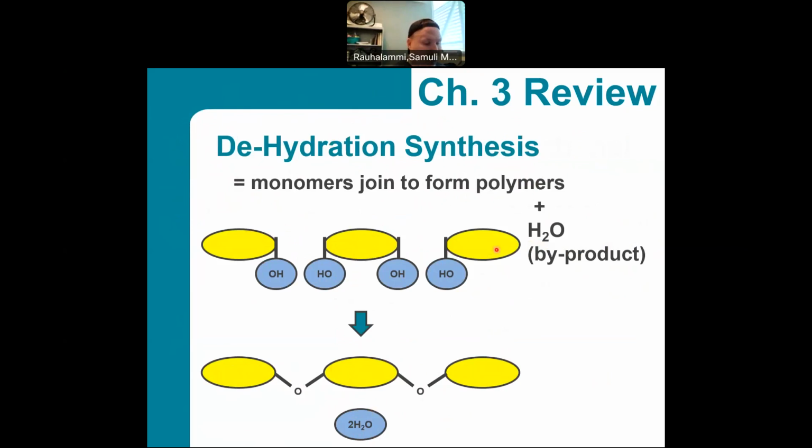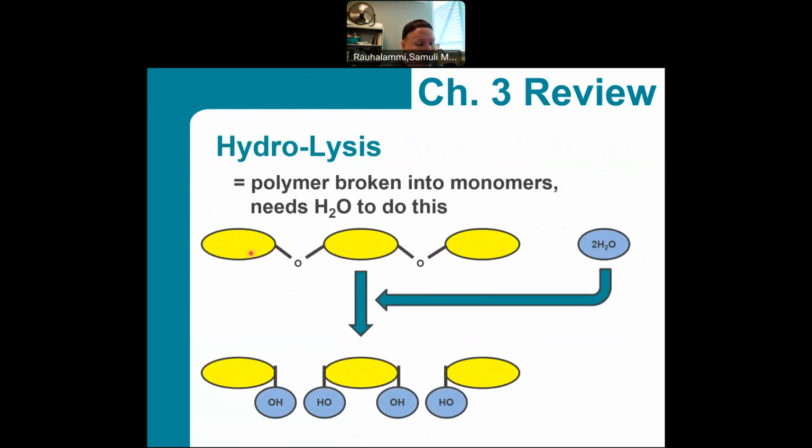Monomers, individual subunits, join together to form a polymer, and as a byproduct we're left with water. You saw we had our reactants and our product: the reactants were the monomers, and the products are the polymer and the water. This is known as dehydration synthesis. This can also work the other way around. We can have a large polymer initially, and we break this polymer apart into individual monomers.